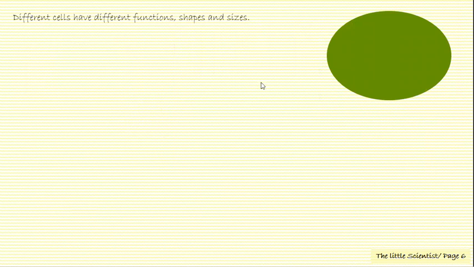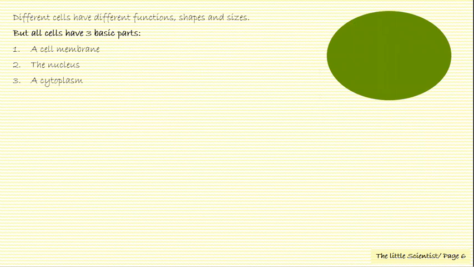As we said, and as we saw in the previous figures, different cells have different sizes, functions, shapes, but all cells, and also the two types of cells, the plant cells and the animal cells, share three basic parts. All cells have a cell membrane, which is the outside of the cell that keeps everything in the inside, the nucleus, which is the center of the cell, and the inside, the jelly structure of the cell called the cytoplasm.